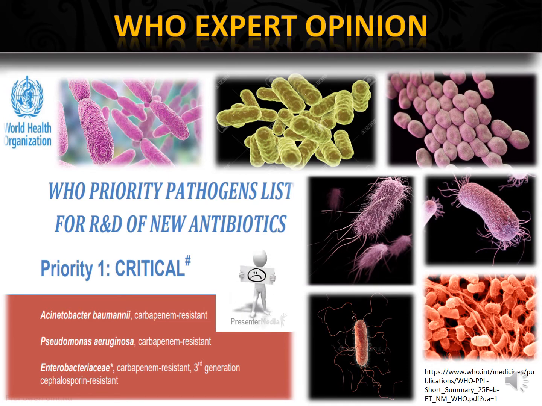If you try to understand the WHO expert position on which organism plays an important role, gram positive or gram negative, you see that the WHO expert opinion is associated with a characteristic like critical pathogens, and you see that three components are included in this group: Acinetobacter baumannii, Pseudomonas aeruginosa, and Enterobacteriaceae.